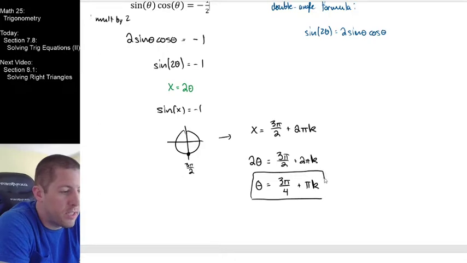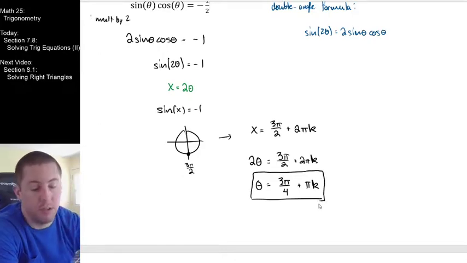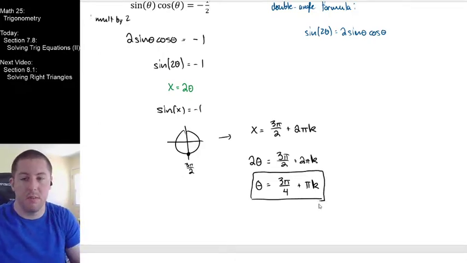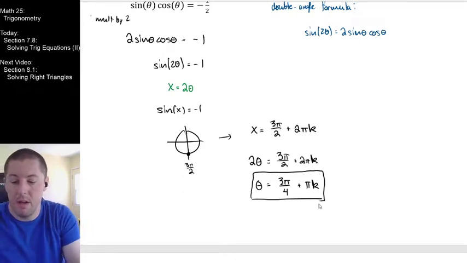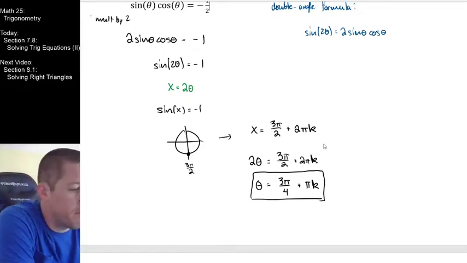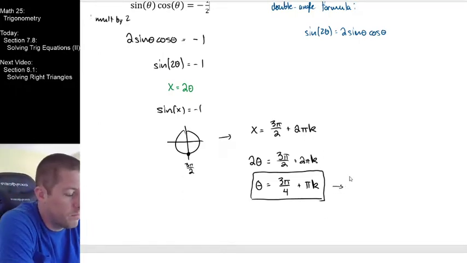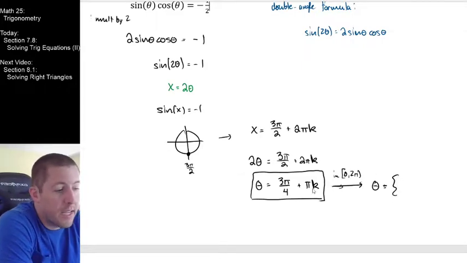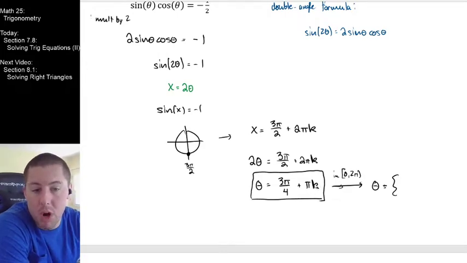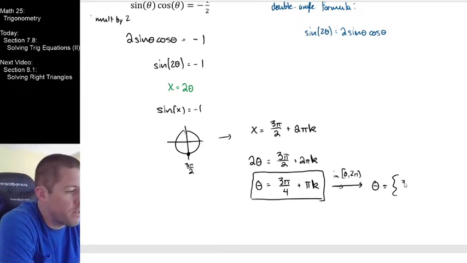I am now interested in knowing what are all of my solutions that are going to fall in the interval from 0 to 2 pi. Well, it doesn't look like there's going to be too many of them here. If k is equal to 0, then we just get 3 pi fourths.